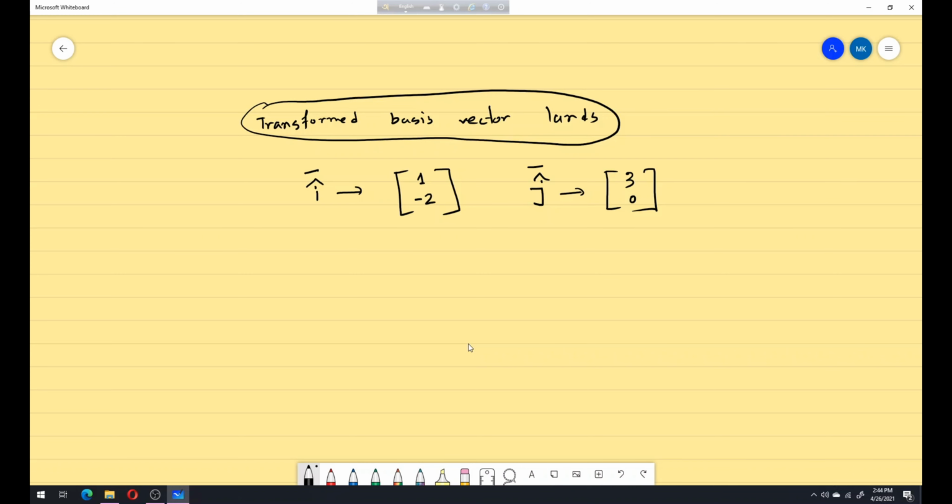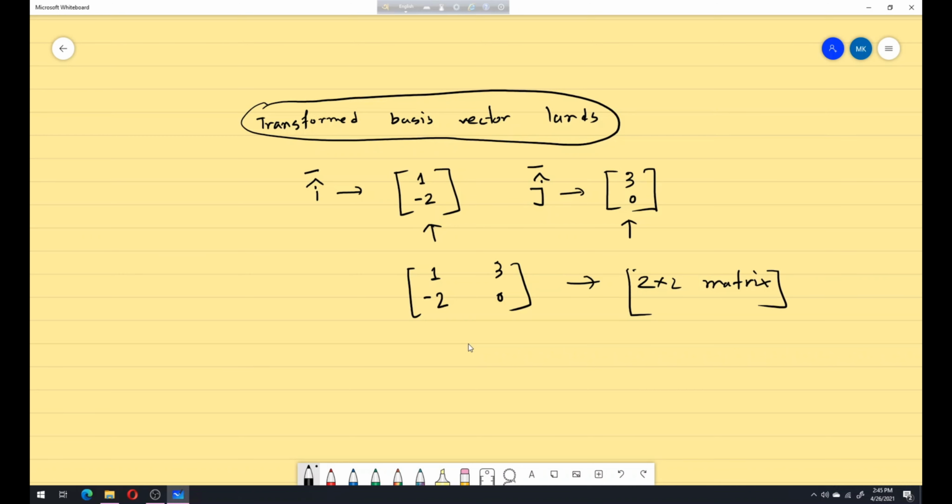So what I'm trying to say here is that in a 2D linear transformation, the whole transformation can be described by just 4 numbers, and those 4 numbers are this, right?